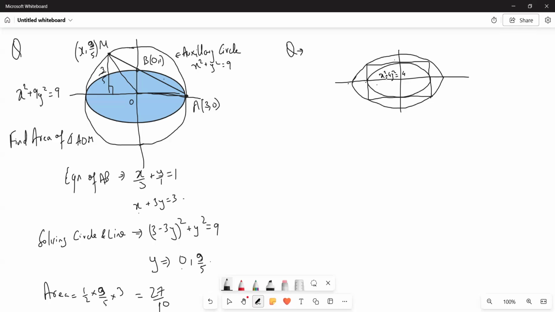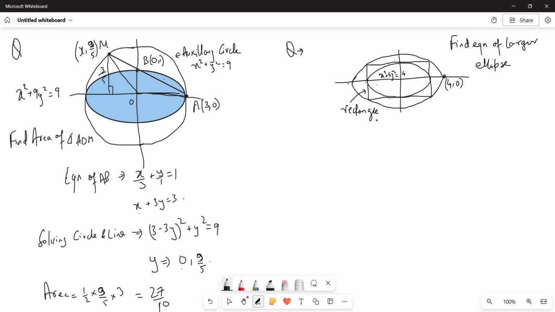Now the question is, find the equation of the larger ellipse given that it passes through the point 4,0. Find the equation of the larger ellipse. This is a rectangle.